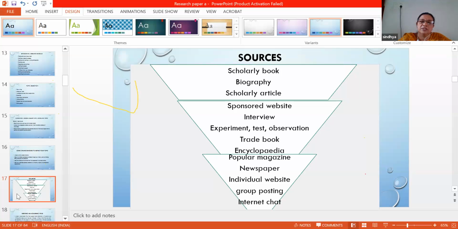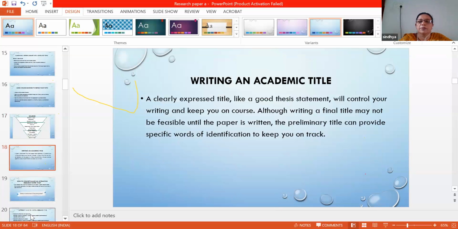The effectiveness of the sources diminishes toward the bottom. That is why this is represented in this form. So the first reliable source is a scholarly book, then the biography, scholarly article, and internet chat, which is the least reliable resource. Again, we can use these kinds of sources for refining our topic.